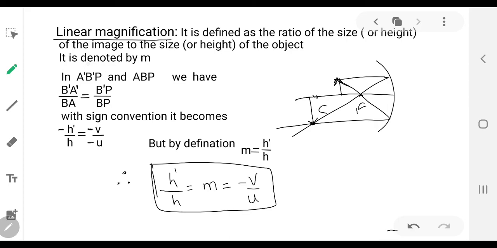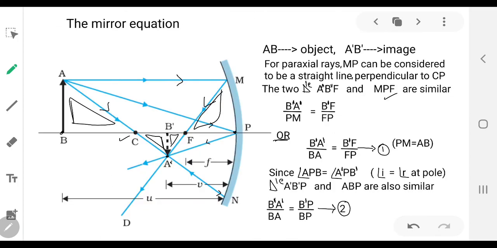So you can consider again the same first two triangles, A dash B dash P and A B P. These two triangles A dash B dash P and A B P. The same equation we are taking.